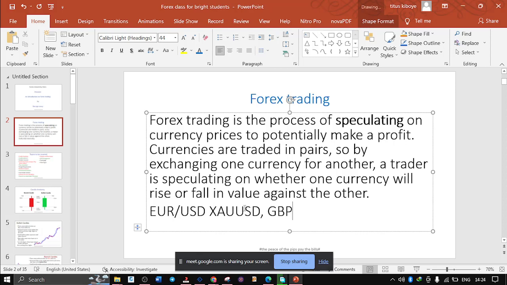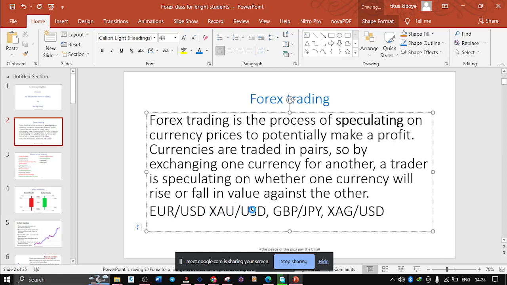Then this is how they quote a pound against a yen. This is how they quote silver, I think it is XAG against USD. These are all called currency pairs.